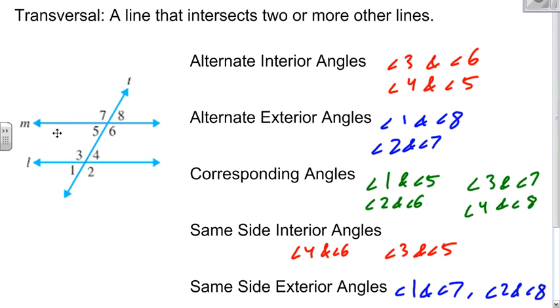If the two lines, M and L, are parallel, then alternate interior angles are congruent, alternate exterior angles are congruent, corresponding angles are congruent, and same side interior or same side exterior angles are supplementary.